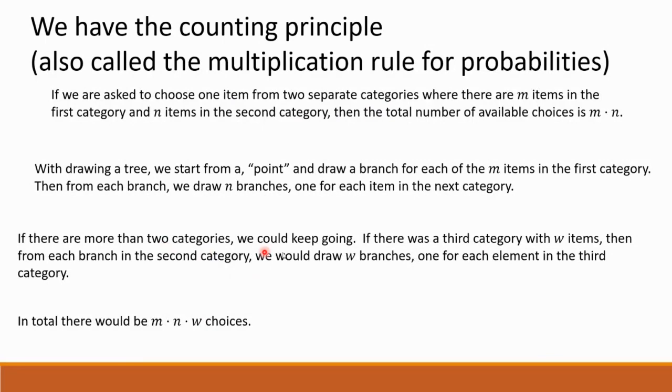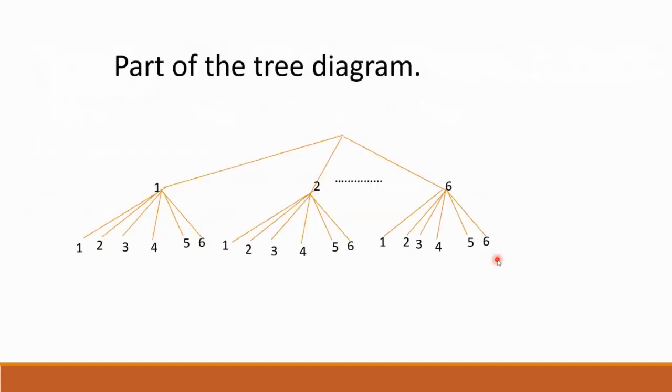The third category would have 6 possible numbers, and you would have 6 times 6 times 6, which is 216, I think. The tree diagram would look like this. This is for 2 rolls, though: the first roll, and then the second roll. I really hope it's making sense what I'm saying. I think it is.